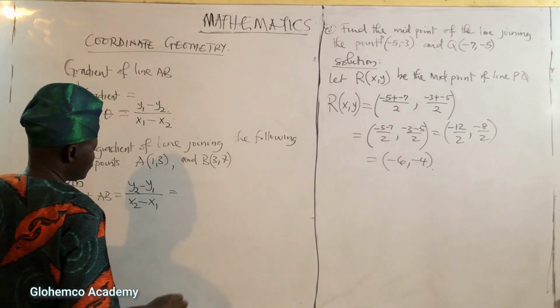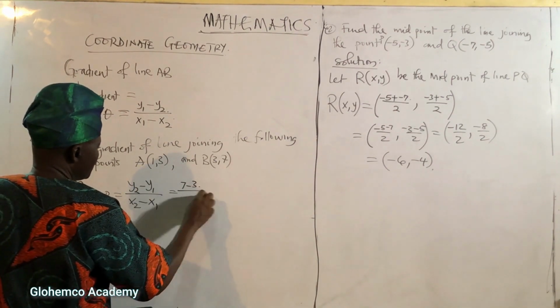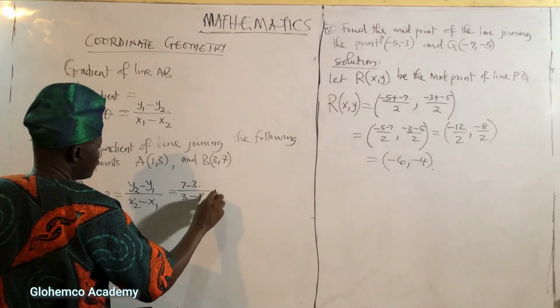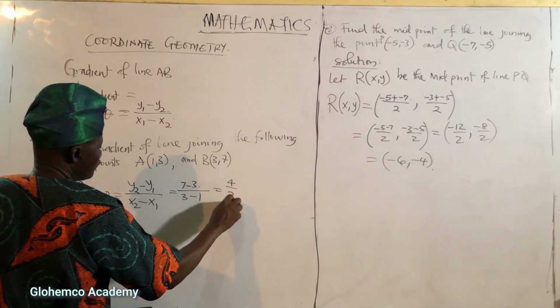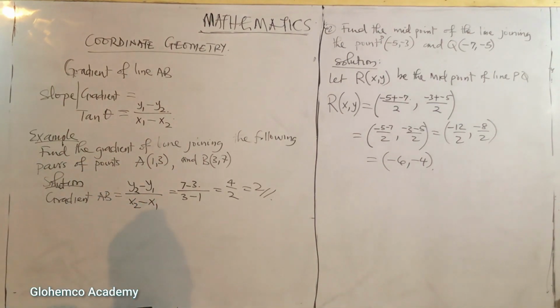So y2 is 7 minus 3, and this is 3 minus 1. So we have 4 over 2, which equals 2. The gradient is equal to 2.